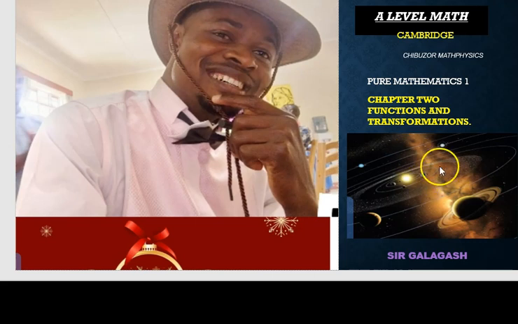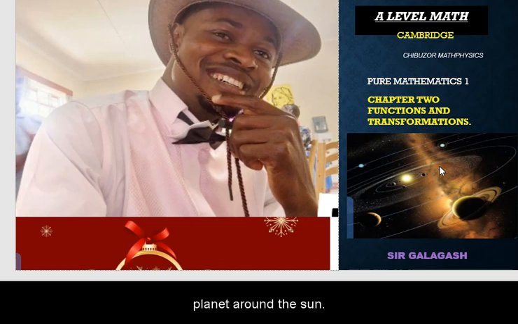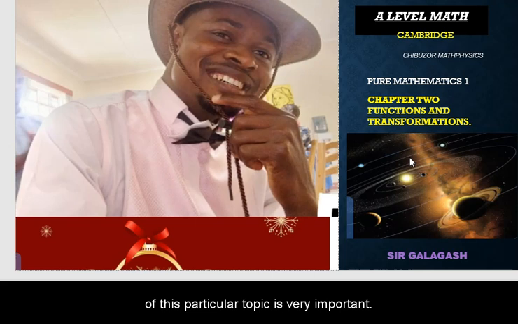So functions can be used to describe many relationships in our day-to-day activities, including the orbit of the planet around the sun. And that's why the study of these functions and this particular topic is very important.